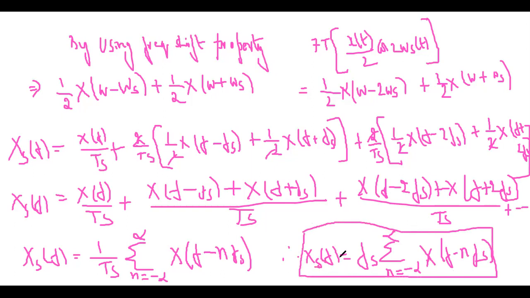Xs of f is equal to fs sum of n equal to minus infinity to infinity x of f minus n into fs. It's a very, very important proof, the sampling theorem, the statement and the theorem. So now how we can recover the original signal by using fs greater than or equal to 2fm, we can go through that. Before that, verify whether we are getting the same answer or not.